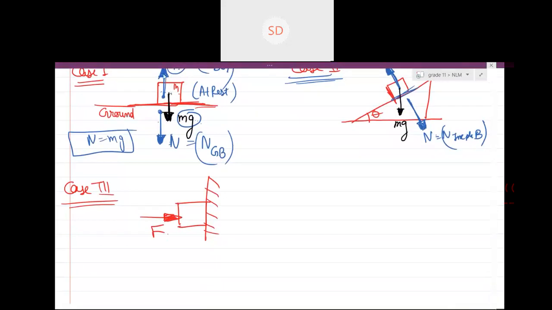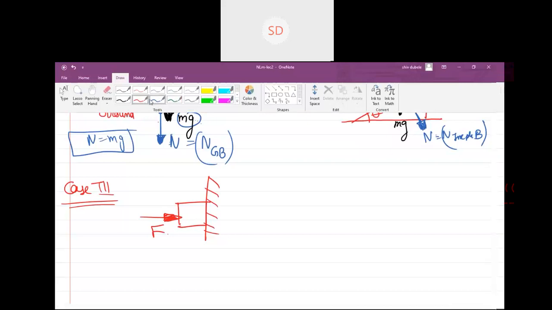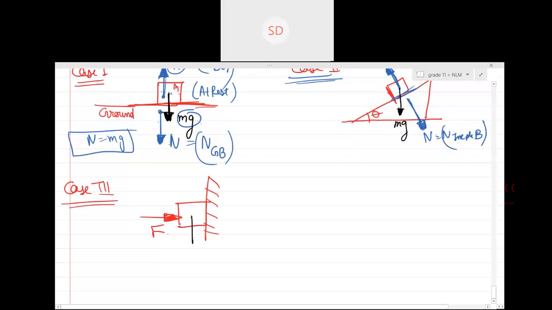Now tell me, in this case what will this block do? There is suppose friction as well, right? So when you are pushing this block against the wall, what tries to pull it down? The gravity tries to pull it down. What tries to keep it steady? The friction acting on it keeps it steady. Friction acts in this direction.